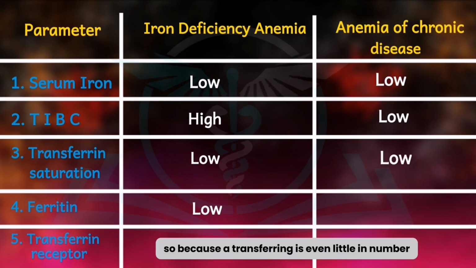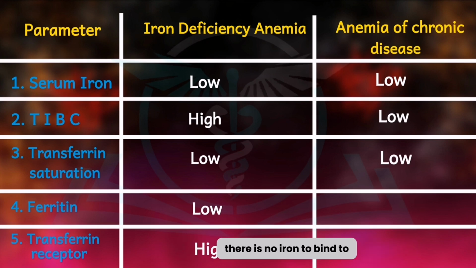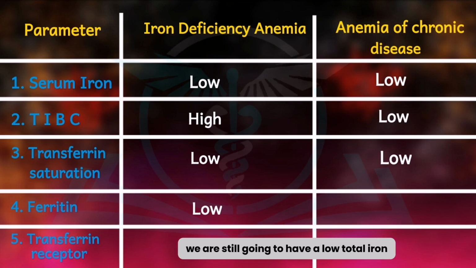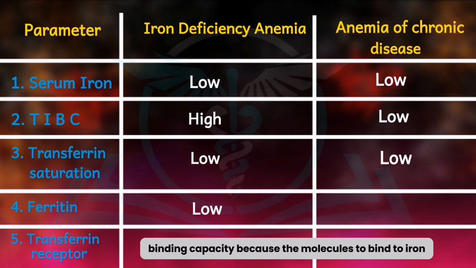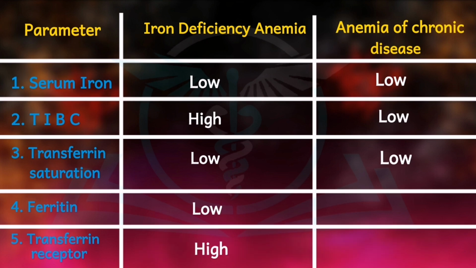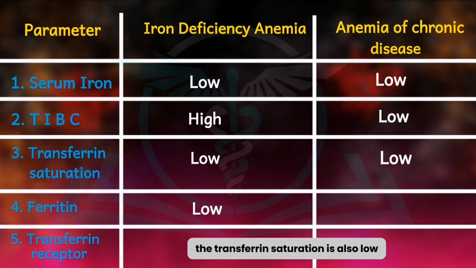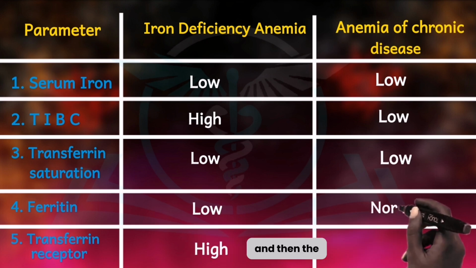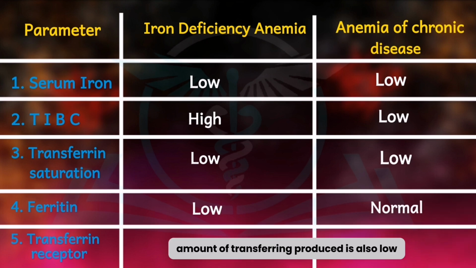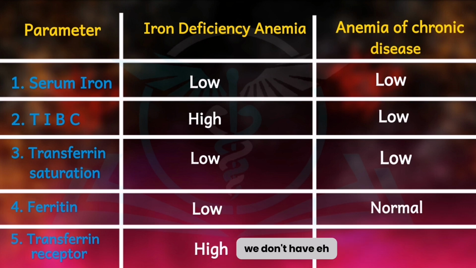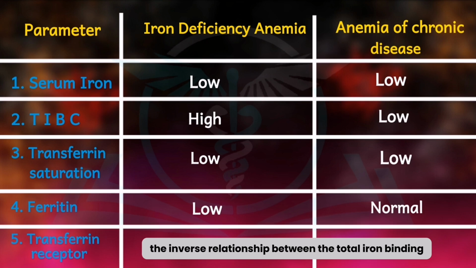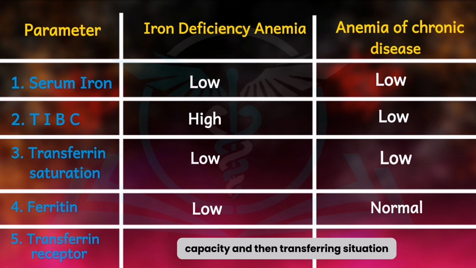So because the transferrin is little in number, and there is no iron to bind to, you are going to have a low total iron binding capacity because the molecules to bind to iron have been reduced because of the inflammatory process. And so what do you think the transferrin saturation should be? The transferrin saturation is also low due to the fact that there is no iron to bind to in serum, and the amount of transferrin produced is also low. And so this is the unusual time where we don't have the inverse relationship between the total iron binding capacity and transferrin saturation.